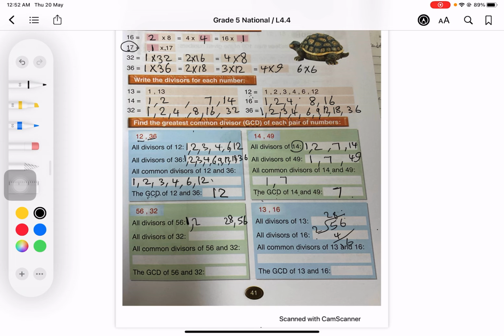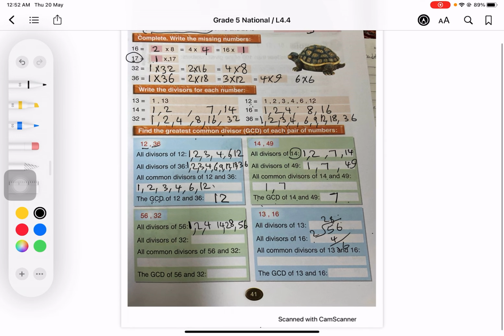Now it is divisible by 4, yes, 4 with 14. It is not divisible by 5. By 6, it is not divisible by 6. By 7, yes, 7 and 8. I need to write it above because there is no space.